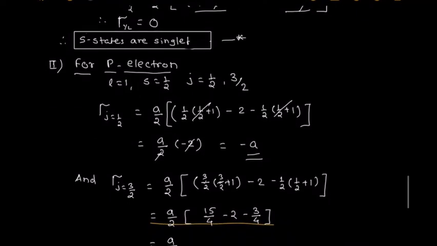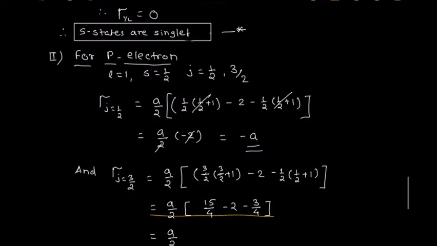Now we consider the other term, for J equal to 3 by 2. We take a similar formula: A by 2 into bracket 3 by 2 into 3 by 2 plus 1, minus 2, minus half into bracket half plus 1.